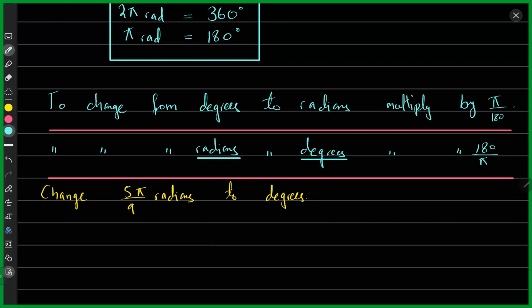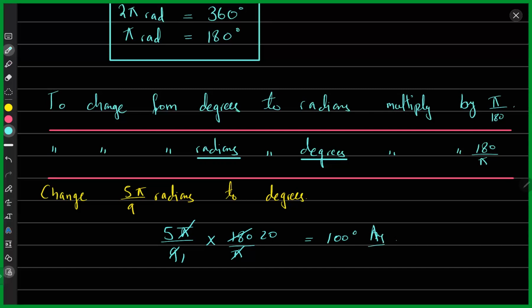So it is going to be 5 pi by 9 multiplied by 180 by pi. So pi and pi would be cancelled, and you can just simplify things over here. We can cancel 9 and 180. So this would become 1 times, and this would become 20 times, and this is going to be 100 degrees. And this is your answer.